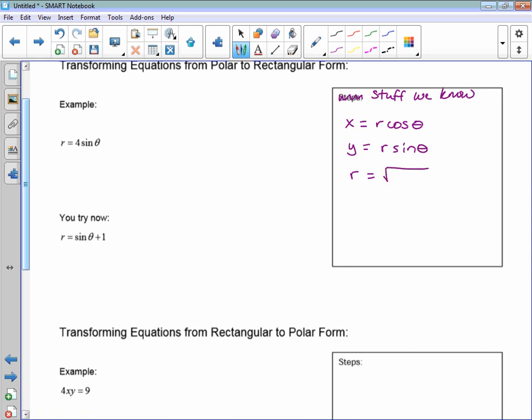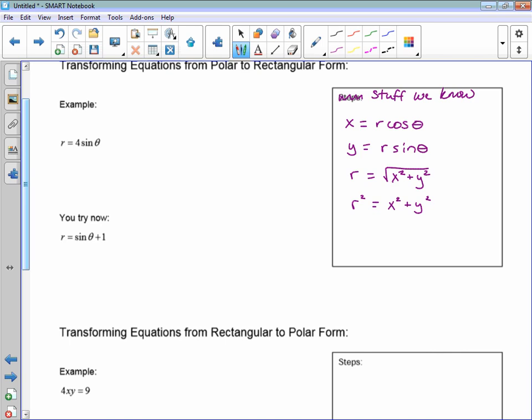How about square root of x squared plus y squared? Yeah, I want this one. So what would r squared equal? I should have called that stuff I hope you know, not stuff we know. I do know it.